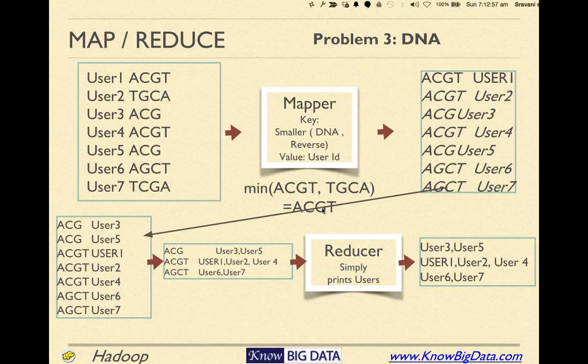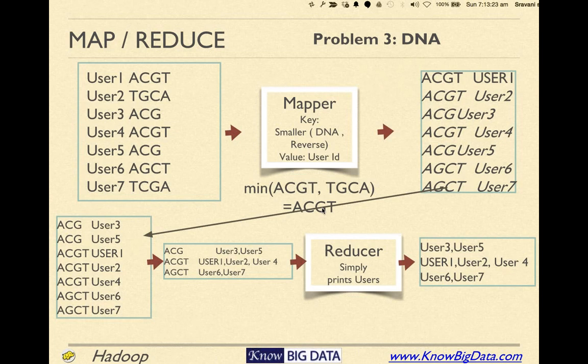Okay, now how do we form the key such that MapReduce automatically would bring user 1, user 2 and user 4 together? How would you form the key such that user 1, user 2 and user 4 will have exactly the same key?